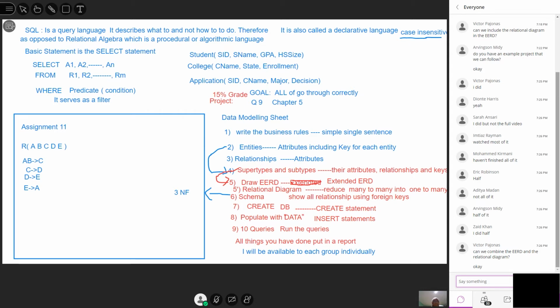If we want to get A, we can get it from E. It looks like BE will also be a key.